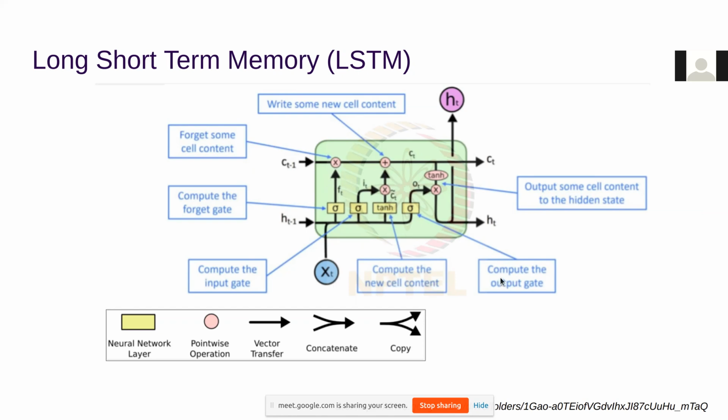Okay, the output gate here will help in maintaining the balance. So this output gate is depending on this XT, right? So this output gate here will ensure how much of the current input should be accounted for while predicting the output here. So that is why we have this OT here.